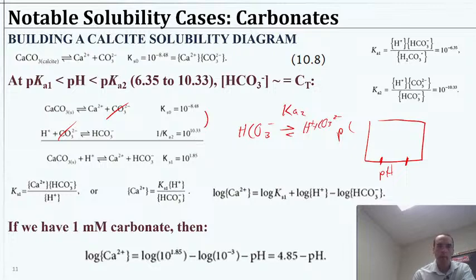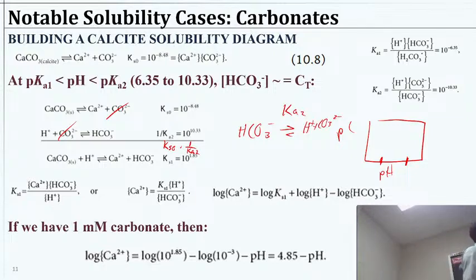By multiplying these two together, we get 10 to the 1.85. So this would be K solubility times 1 over Ka2. Okay, with that, we can do as we did last time and get a function of the calcium. We can get calcium as a function of the bicarbonate in this case, and therefore the pH.